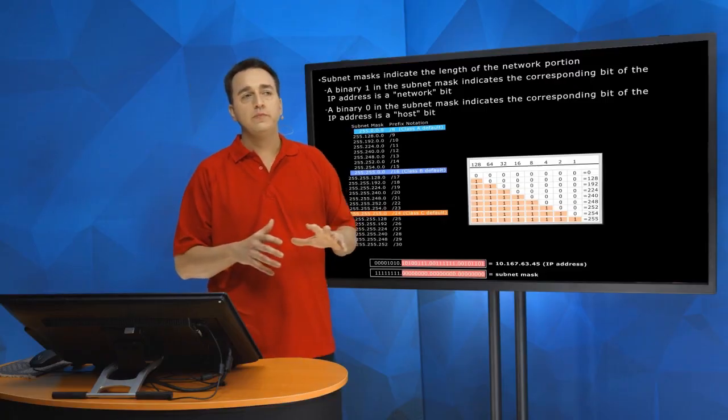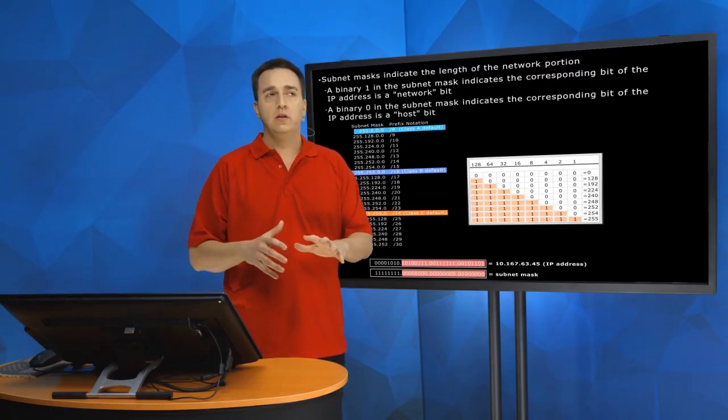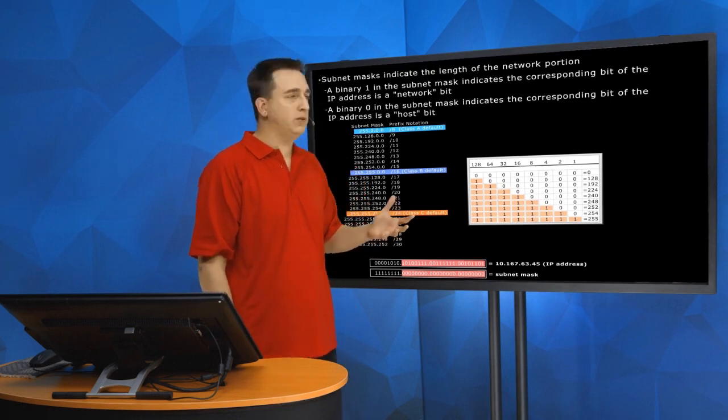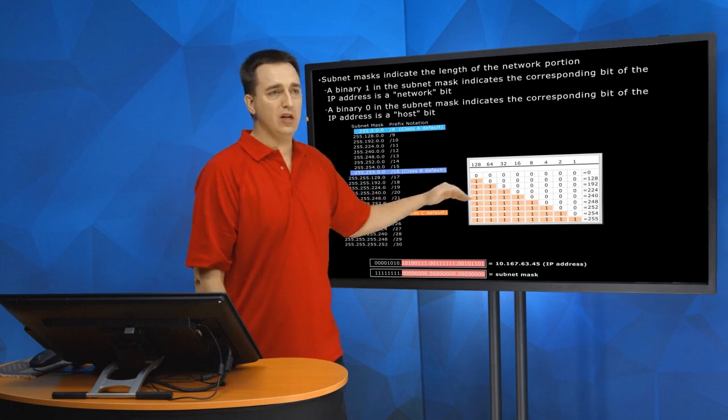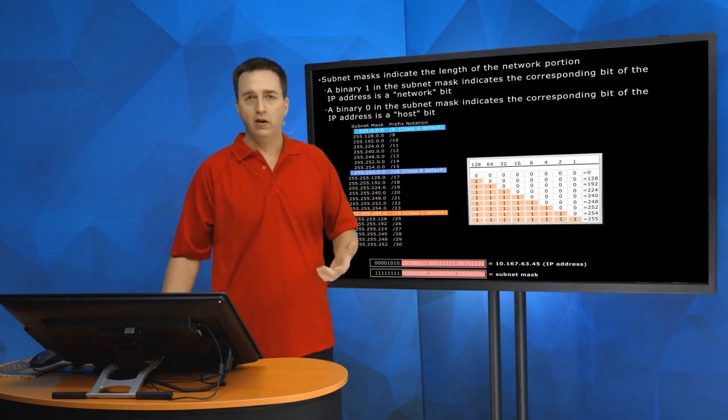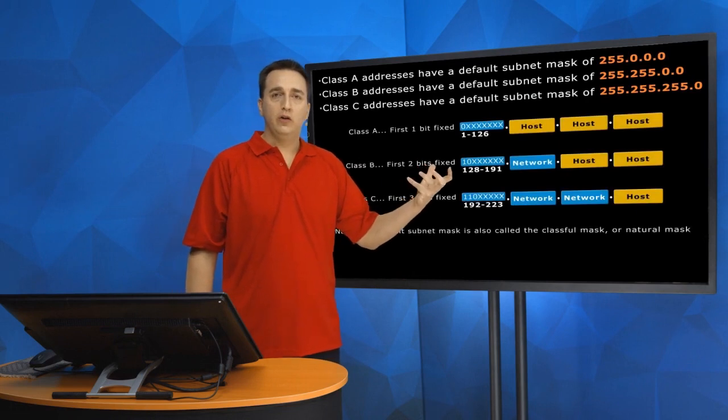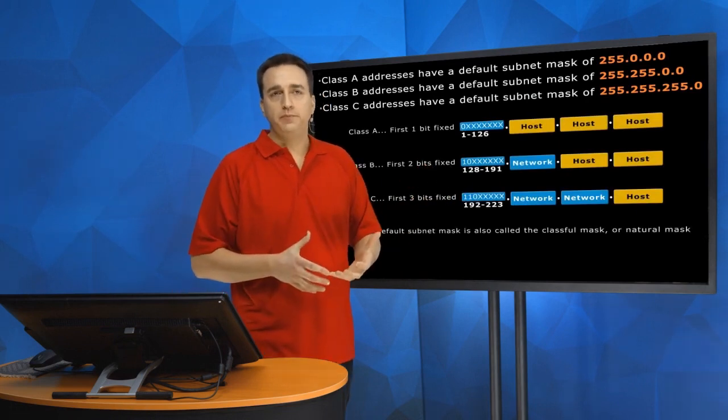I want to analyze how we get our defaults. Because when I look at this chart here, I see Class A default, Class B default, Class C default. Well, let's analyze that before we look at that slide a little bit more.